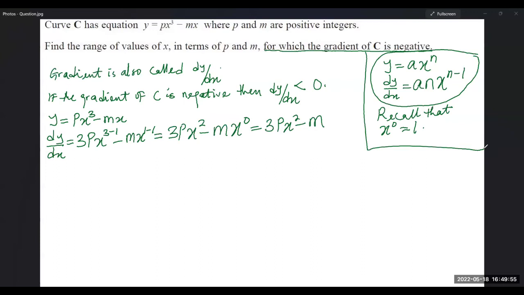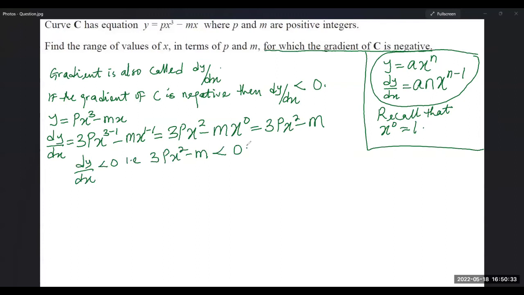So dy over dx is equal to 3p x squared minus m. Now again, we consider if the gradient of c is negative, then dy over dx is less than 0. That is, 3p x squared minus m is less than 0.